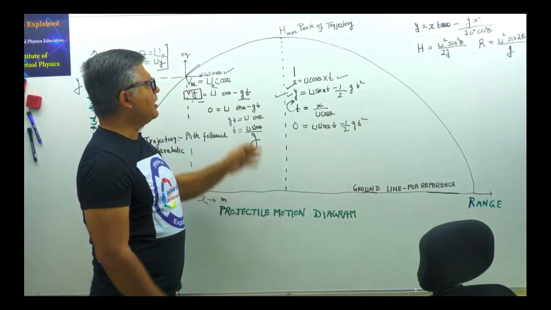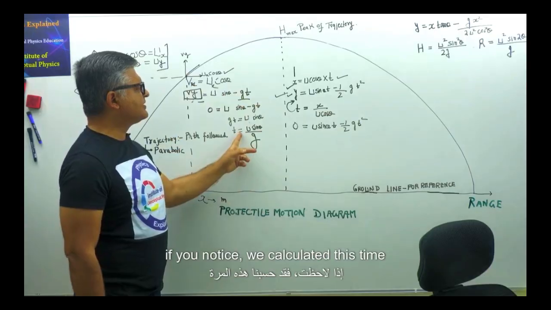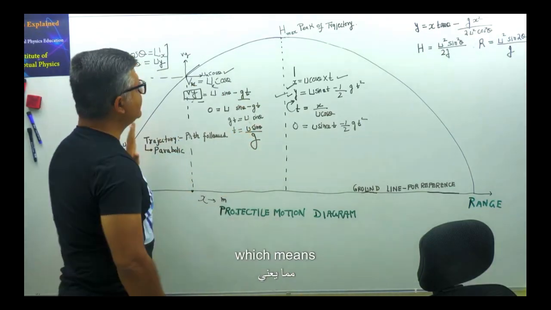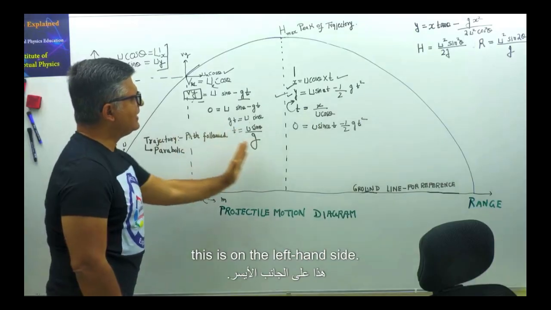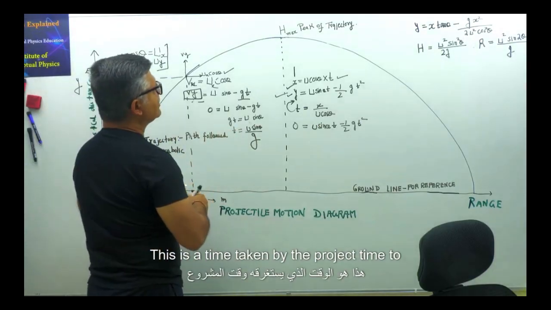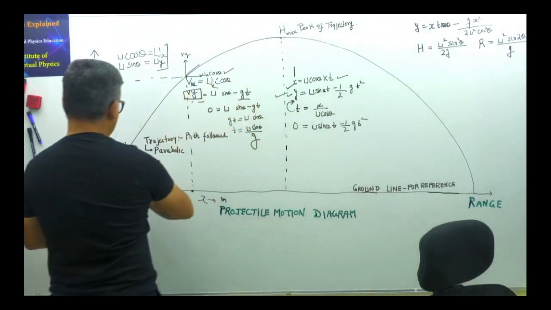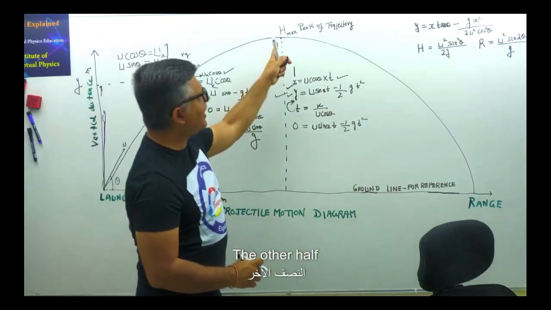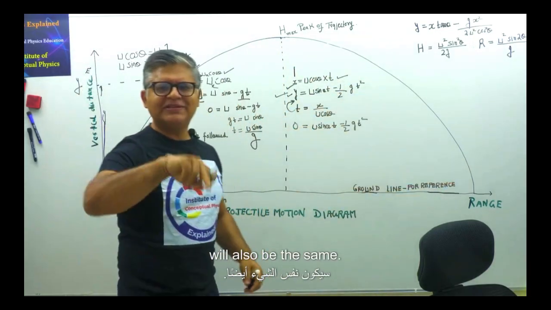Now, if you notice, we calculated this time t is equal to u sine theta by g, which means this is on the left hand side. This is the time taken by the projectile to cover half the motion. The other half will also be the same.